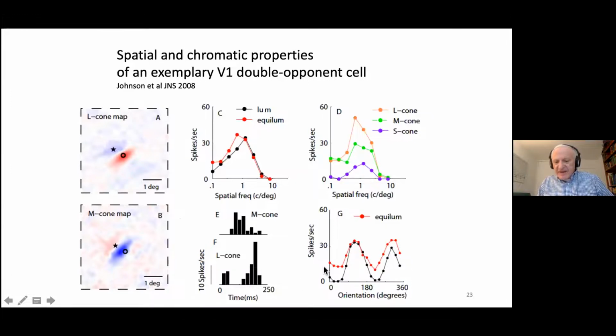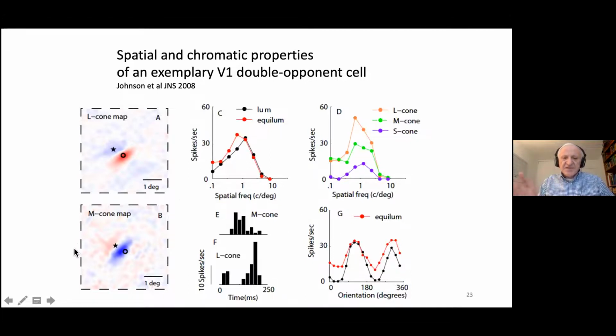Since you mentioned direction, I'll just point out that these color double opponent cells are also orientation selective. They can respond to different orientations with selectivity. So with the equiluminant versus the black-white stimuli, they can be orientation selective in the same orientations.